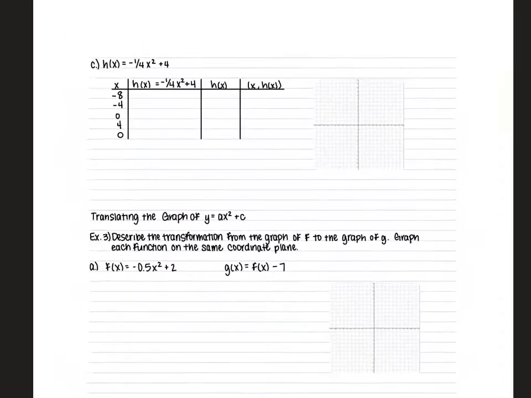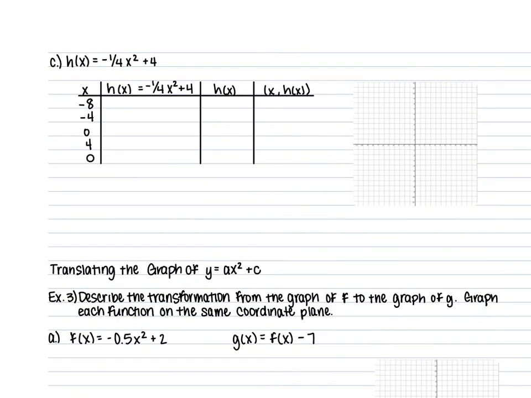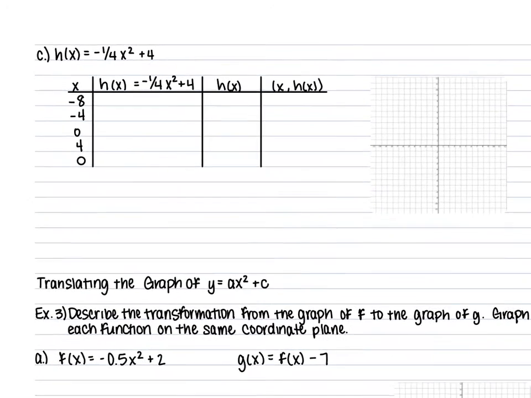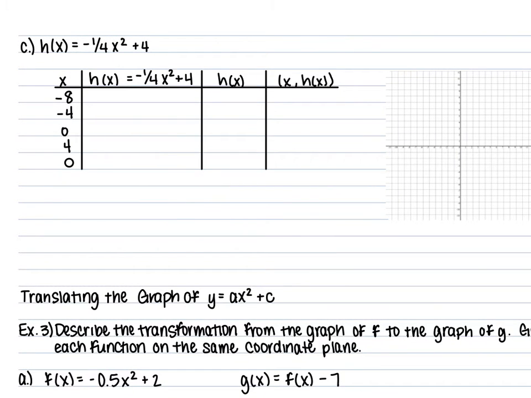If we look at example C, we're given h of x is equal to -1/4 x squared plus 4. I chose the values -8, -4, 0, 4, and 8. If we plug in these values, we're going to have negative 1/4 times negative 8 squared plus 4.